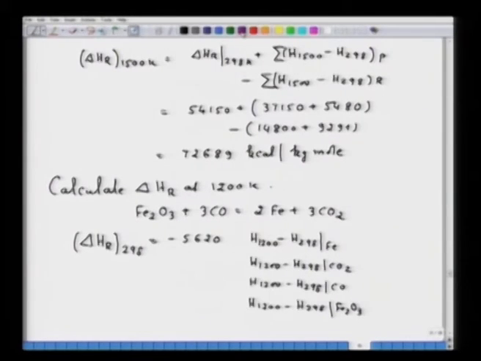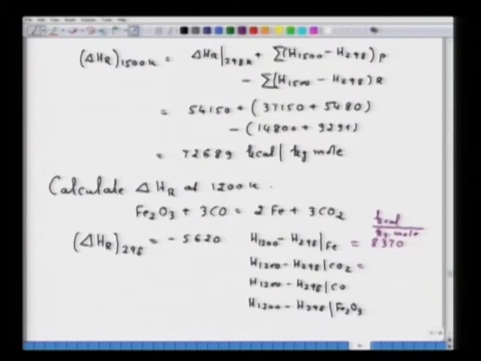So, let me give you these values. This is equal to 8370. The units I am writing at the top, kilocalorie per kg mole.